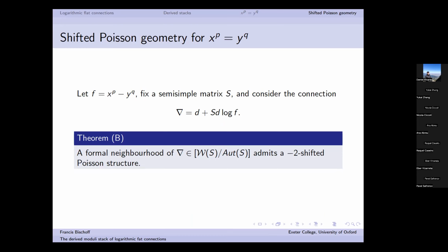No, a Poisson structure. It's -2. Well, depending on what convention you use, it's a +2 shifted symplectic structure. Right. I don't know why, but this convention is like the dual of a -2 shifted symplectic. Ah, okay. Then it's a completely different thing. Okay. Thanks for clarifying that.